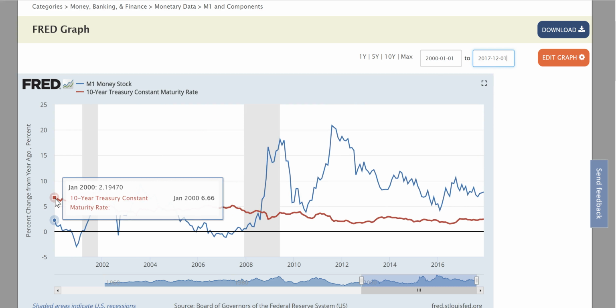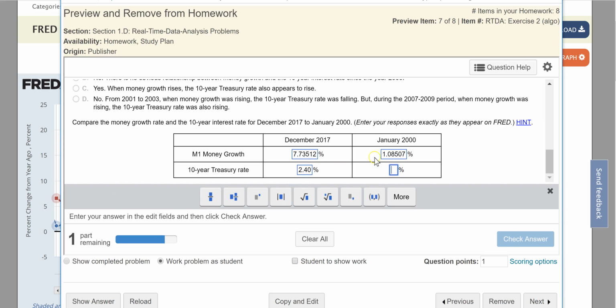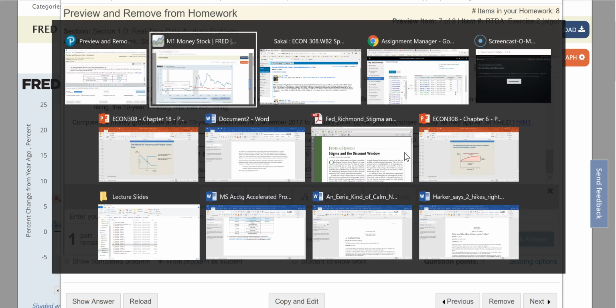So now let's go to this January 2000. The first number is 2.19470. So I need to change this to be 2.19470.